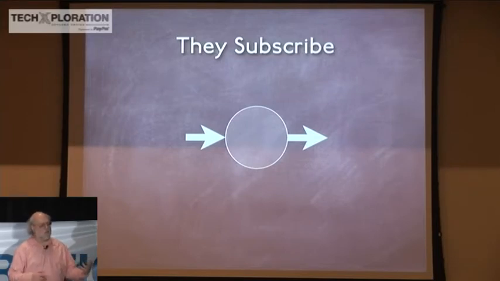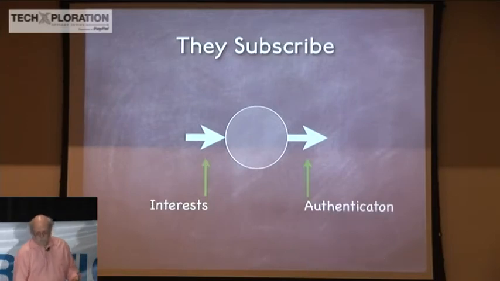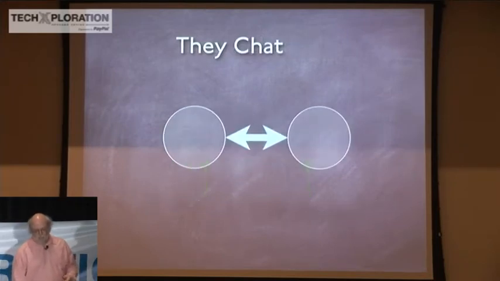So there's a publish interface and a subscribe interface, and the publish side authenticates the destination. The destination says, I'm interested in this. And when you've got publish and subscribe going both ways, you just connect them up and they're chatting back and forth.